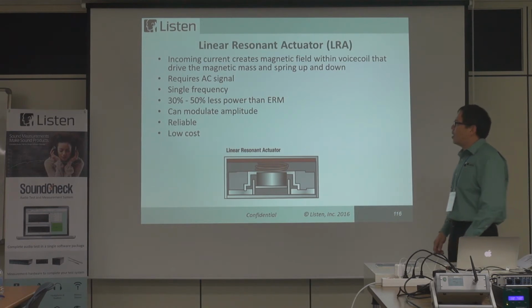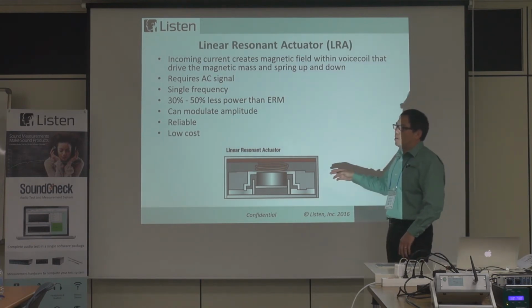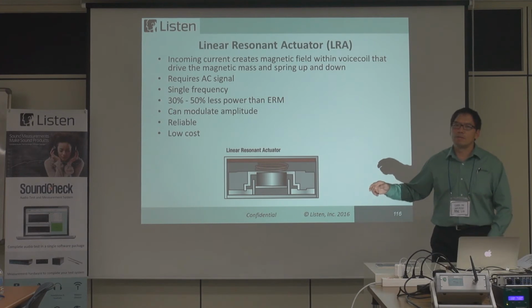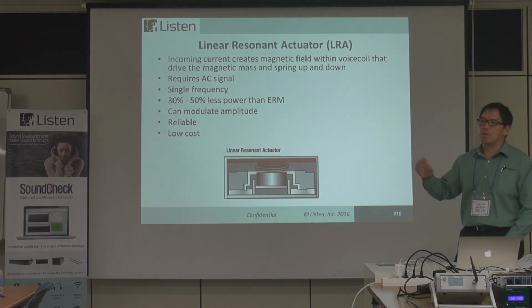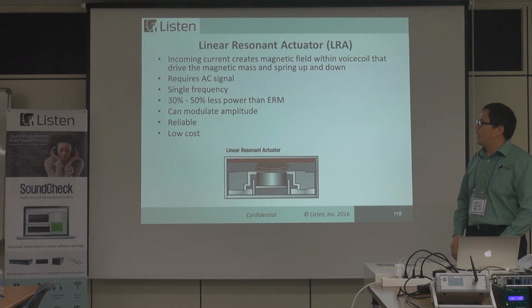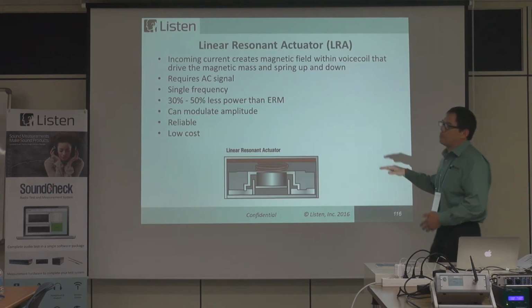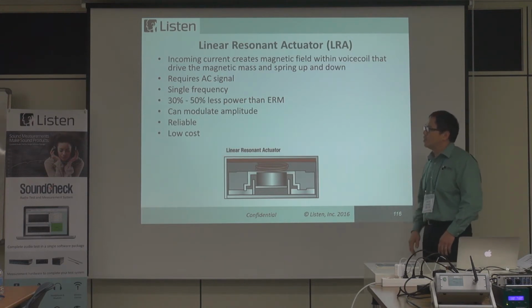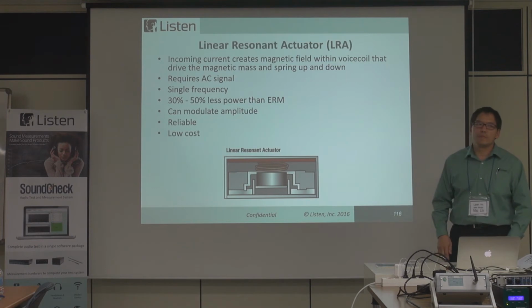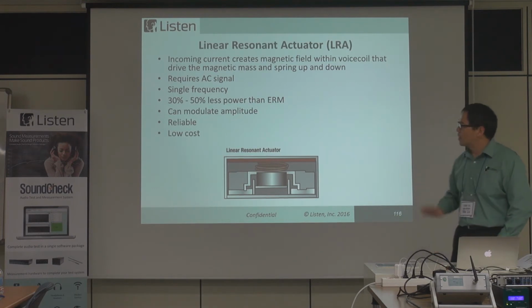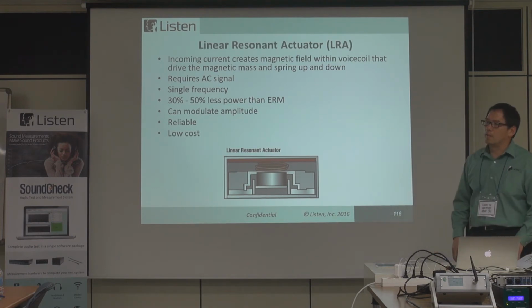It only operates at a single frequency, but because it's an AC signal, you can control the amplitude of how much shaking it has. It has less power usage than the ERM, and like I said, you can modulate the amplitude. It's also very reliable, and it's low cost. So lots of these linear motors are being produced today.